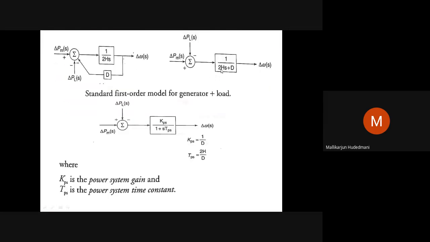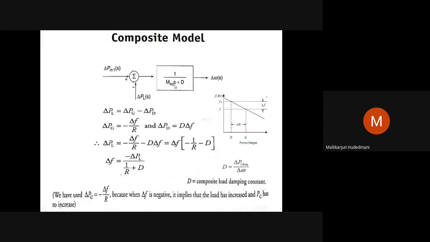You can see here 2HS plus D, 2HS plus D, 1 by 2HS plus D. This 2H is replaced as M, MS plus D. M is again an inertia, M and H comparable, 2H equal to M, like that.